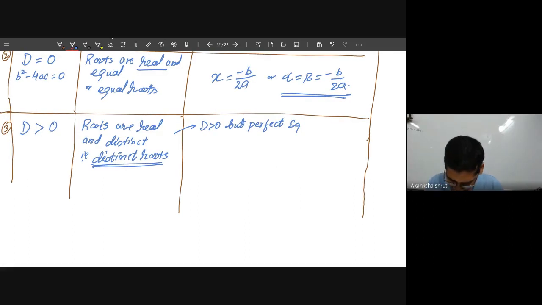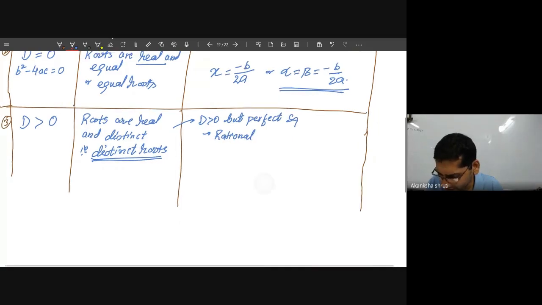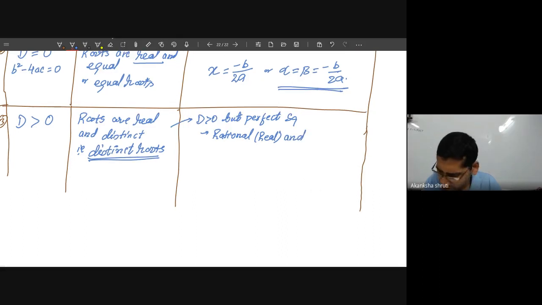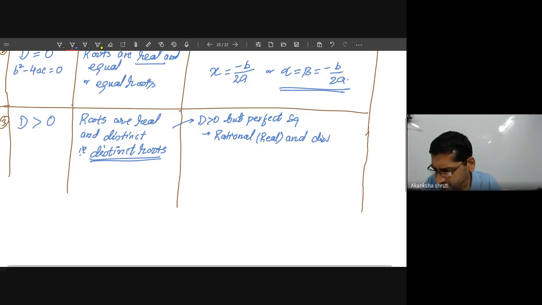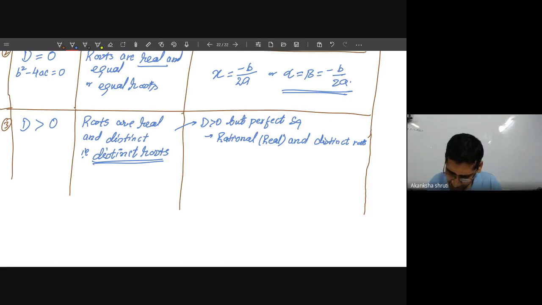At this time, these roots are called real, distinct and rational roots. Rational means it is itself real. All real numbers are not rational, but all rational numbers are real, because real includes both rational and irrational.